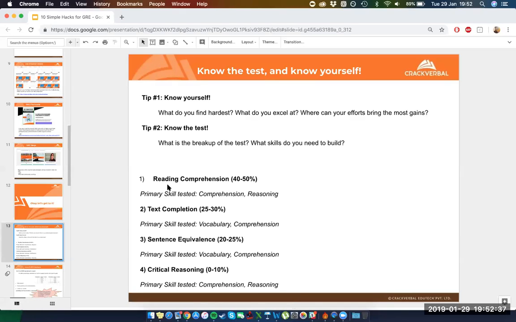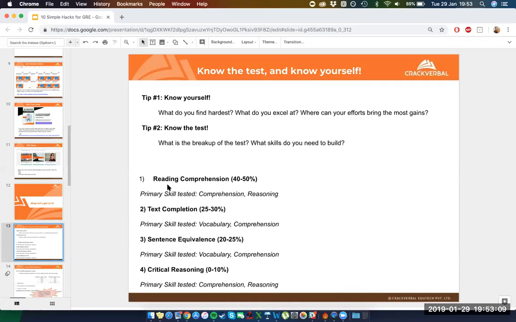It happens to be about 8 to 10 questions of reading comprehension, about 5 to 6 questions of text completion, about 4 to 5 questions of sentence equivalence, and about 0 to maybe 1 or 2 questions on rare occasions of critical reasoning. These are the different kinds of questions that you can face on the GRE. So now you have a little bit of information about what the test can possibly throw at you on a question by question basis.